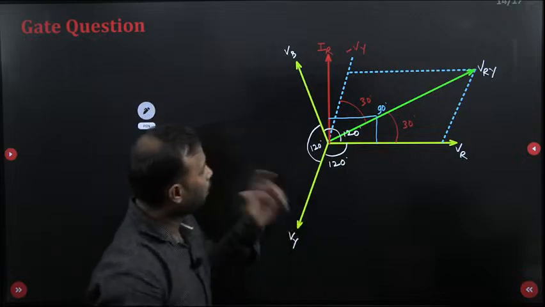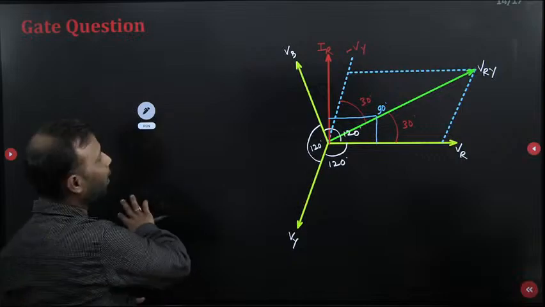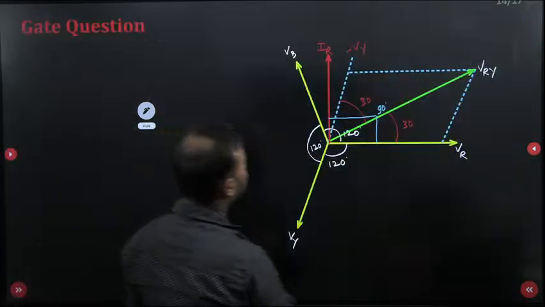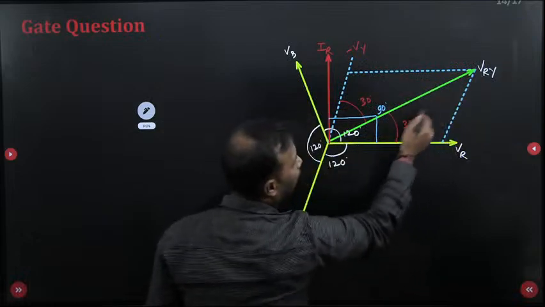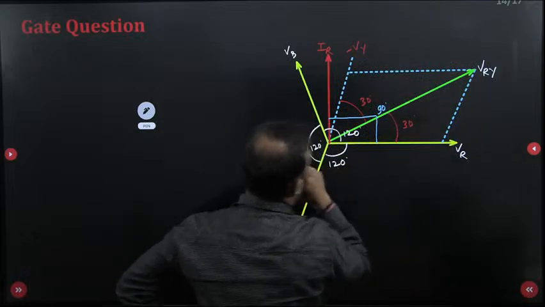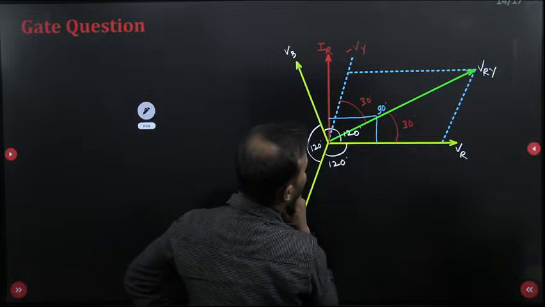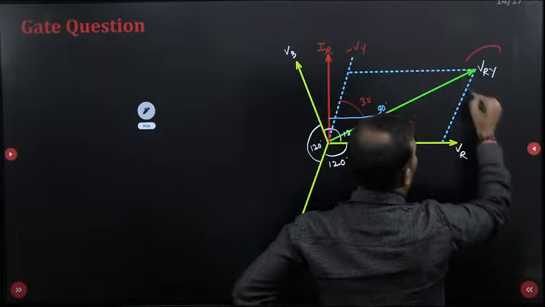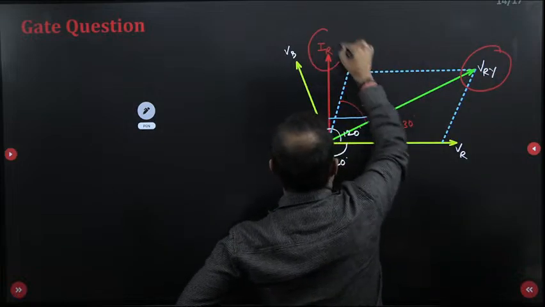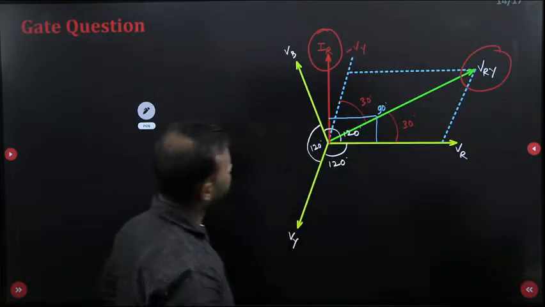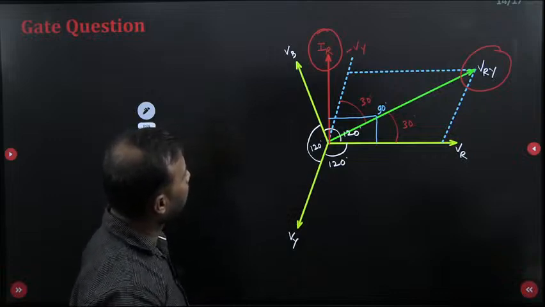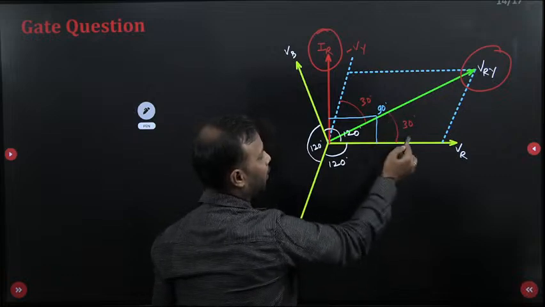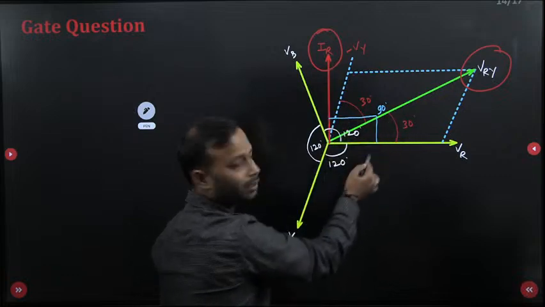So the angle between VRY and IR: VRY is here, and IR is here. So how much angle will it be, from this point to this? This is 30 degree, and from IR to VR is 90 degree.